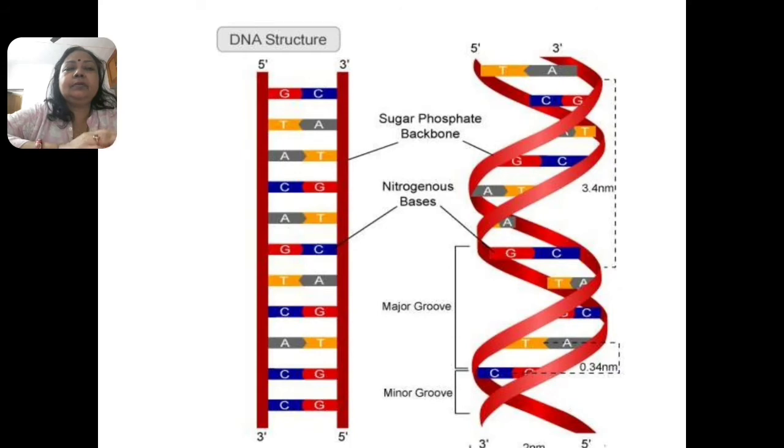Here is the anti-parallel strand of DNA structure. You can see in this picture the grooves and twisting, the nitrogenous base pairs, and the sugar phosphate backbone.